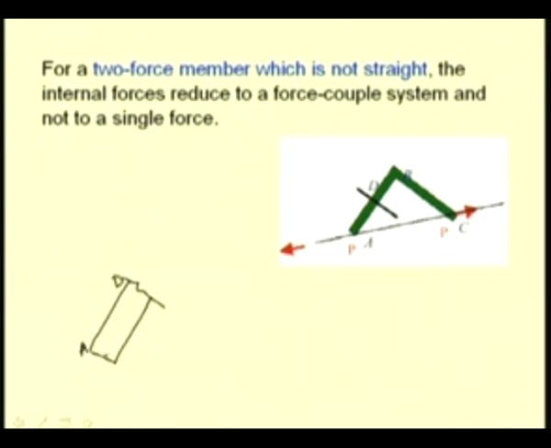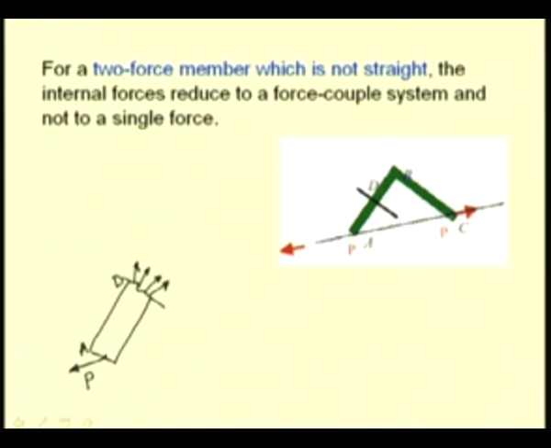We have the external force P that acts at A, and at D we have these internal forces that hold together this portion, that is AD, with the remaining portion DBC.